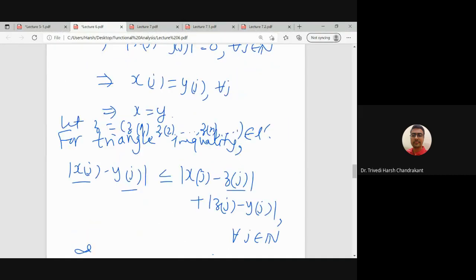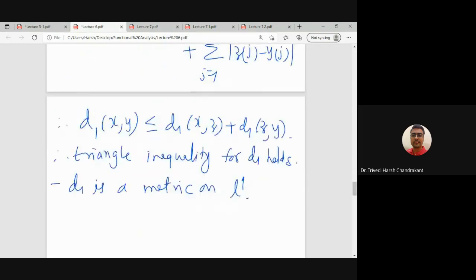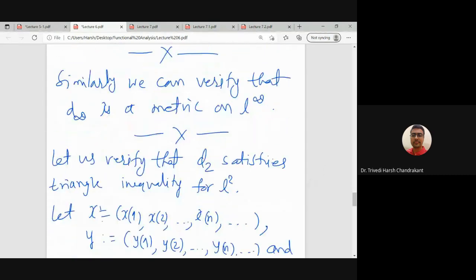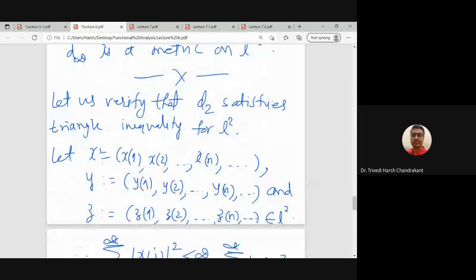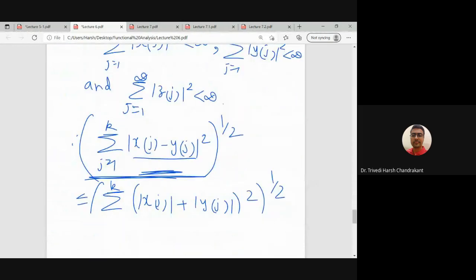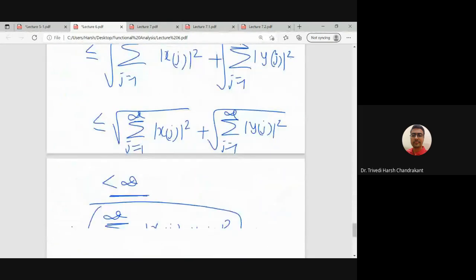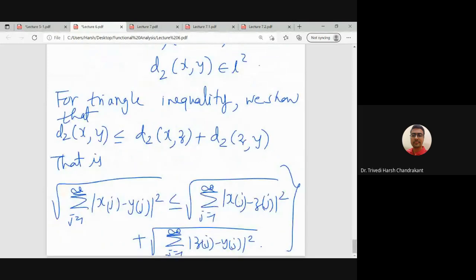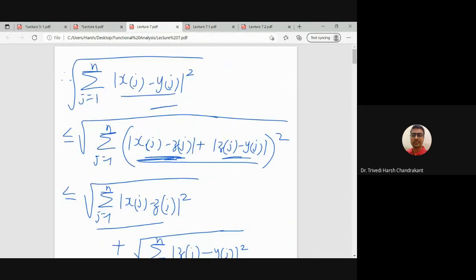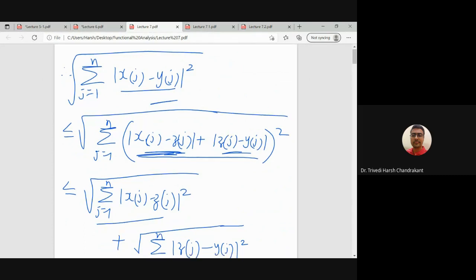That is what we discussed in the previous lecture. We will not go into more details. Similarly, we discussed d2 is a distance on the vector space L2. We used these inequalities here, Minkowski and Cauchy-Schwarz.